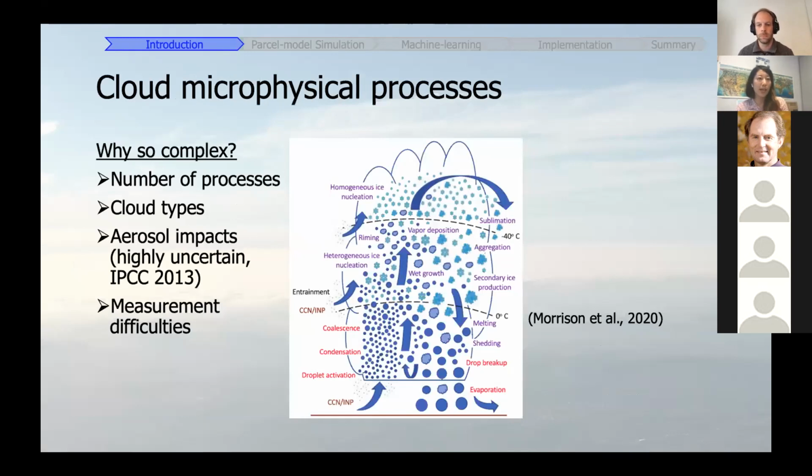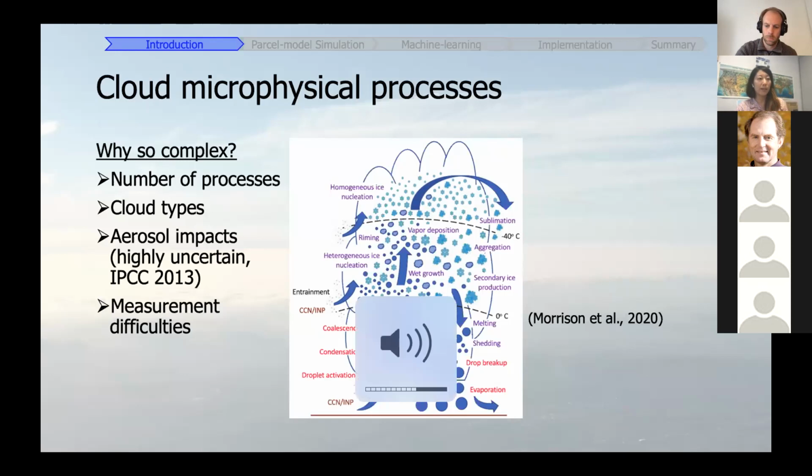So today I'm going to talk about cloud microphysical processes. This is a schematic figure from Morrison et al. 2020, and you can see a number of microphysical processes involved in a convective cloud. First of all, there are a number of processes involved. That's one of the reasons why modeling cloud microphysical processes is very complicated.